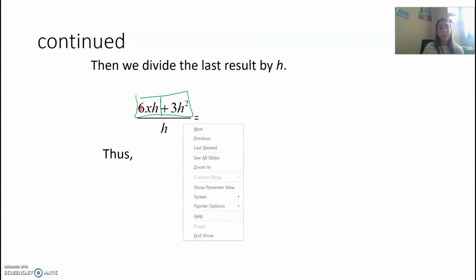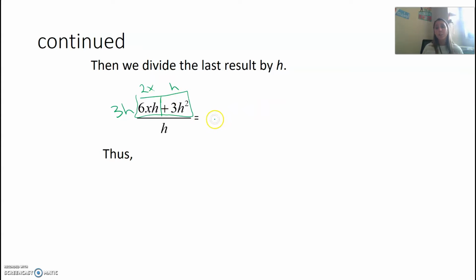You can see right away that there's a 3 in both of those coefficients, so I'll pull out a 3, and they both have an h, so I'll pull out an h. 3h times something gives me 6xh, and that's going to be 2x, and 3h times h gives me 3h squared. So then I end up with 3h times 2x plus h, all over h.